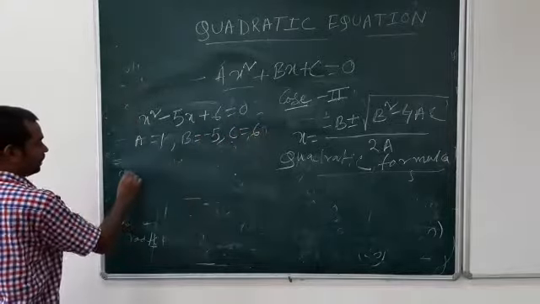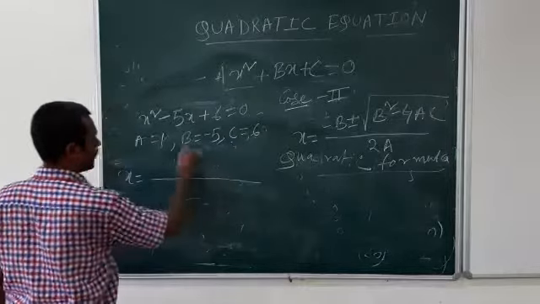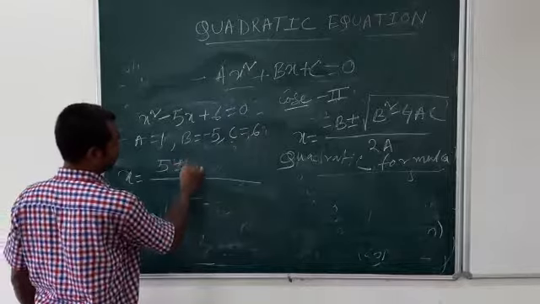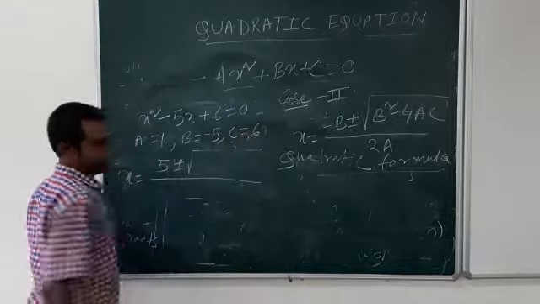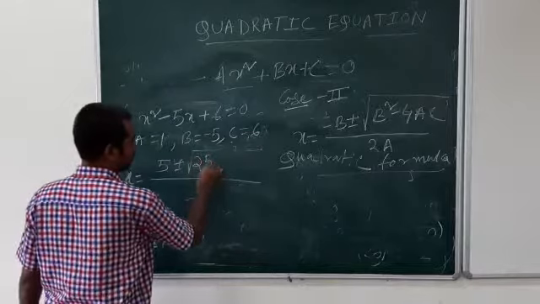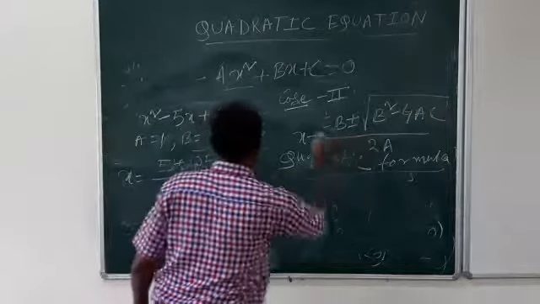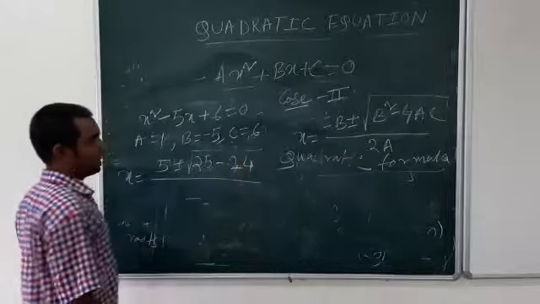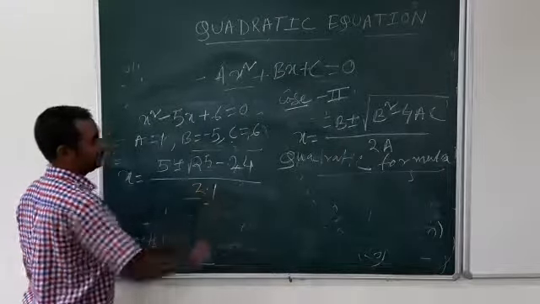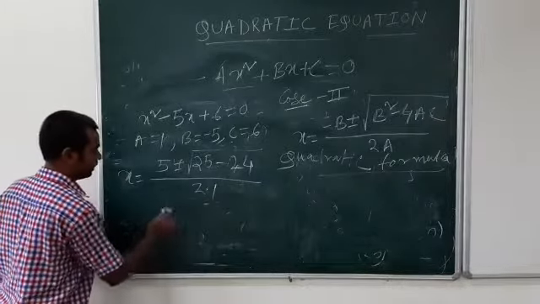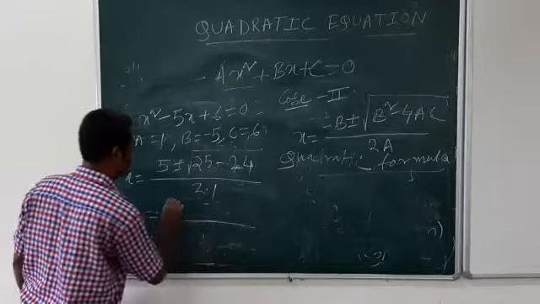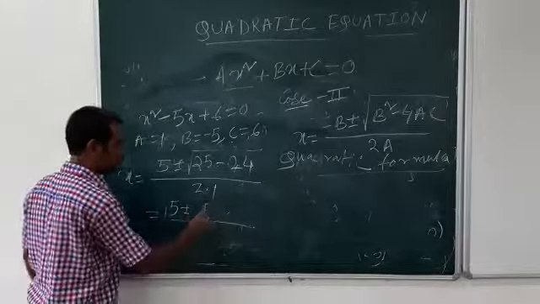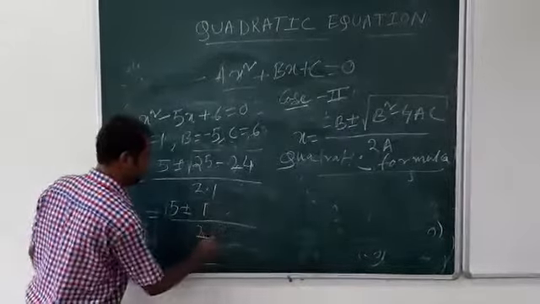So using this formula, x is equal to 5 plus minus root over 5 square minus 4 into 1 into 6, by 2 into 1. 5 square is 25 minus 24, so 5 plus minus root 25 minus 24, that is root 1. Root 1 is 1, by 2.